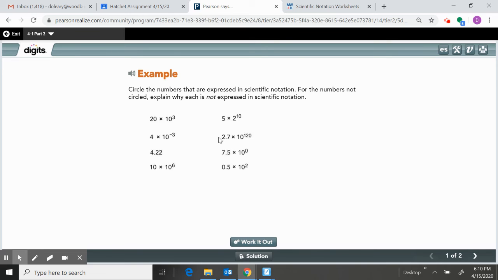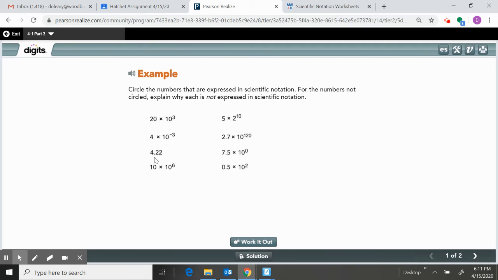So yes, scientific notation. 2.7 times 10 to the 120th power. Scientific notation, yes, because 2.7 is greater than 1 and less than 10, times 10. This is a power of 10. I don't care that the exponent is really big and it's 120. Doesn't matter. It's still a power of 10, and it's an exponent, so we're good. So we would say yes, scientific notation.